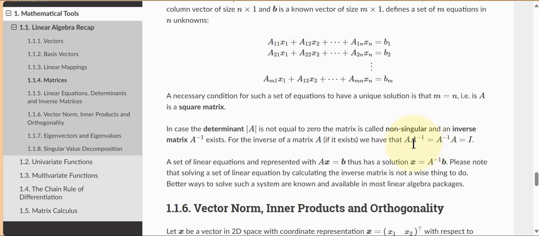This is a symbol for the inverse. What do we mean by it, though? We mean the matrix here, that this is a matrix. It's a symbol for a specific matrix. And what specific matrix is it? It's the matrix which, when we multiply times A, gives us I, gives us the identity element.